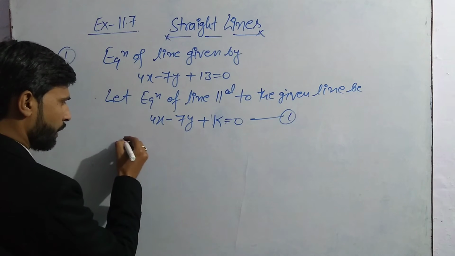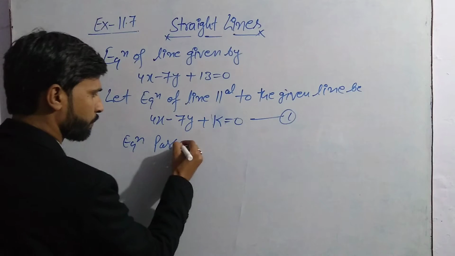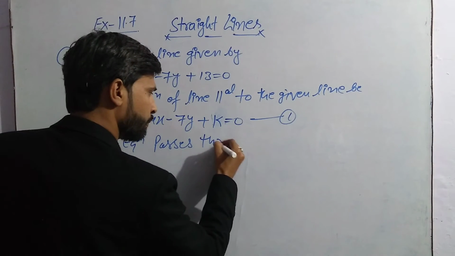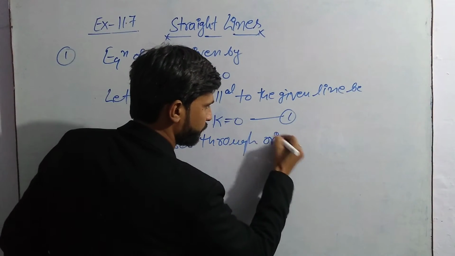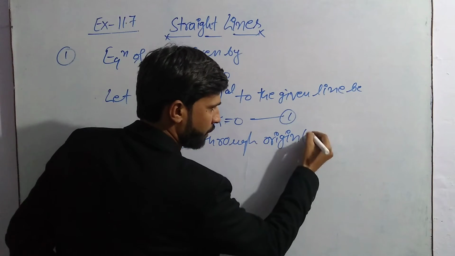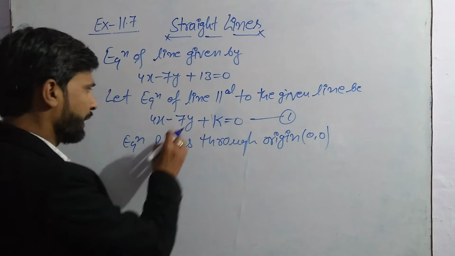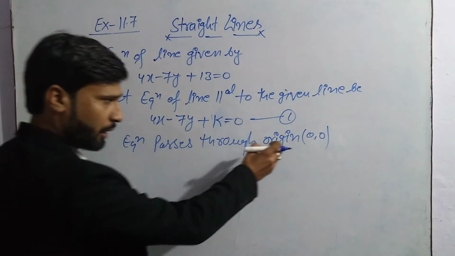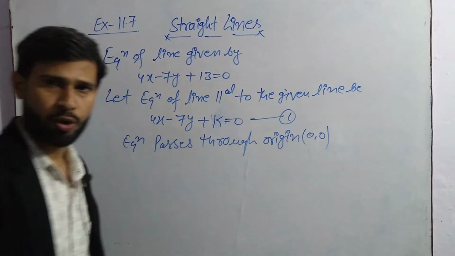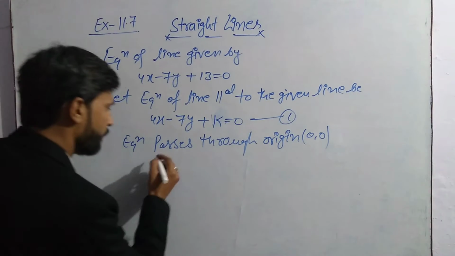Again, the equation passes through the origin, which means (0, 0). Now, since the line passes through the origin, the coordinates of the origin (0, 0) satisfy equation 1.